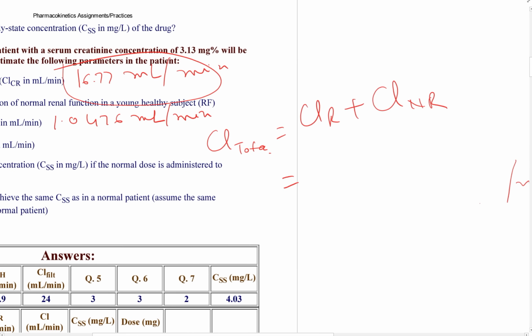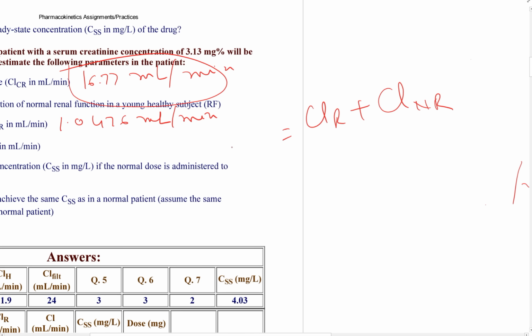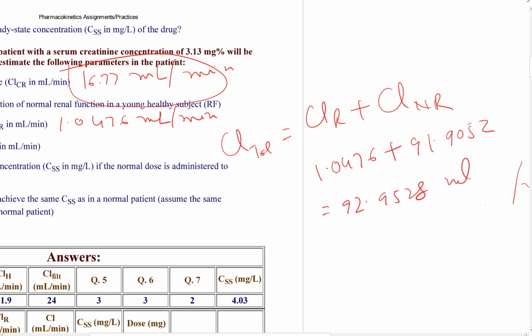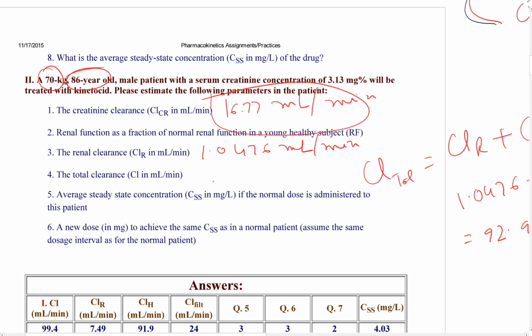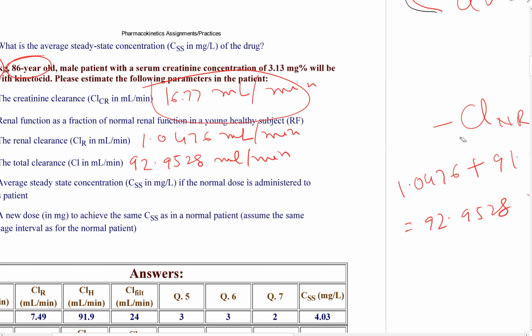CLR is the new one, 1.0476, plus 91.9052, which would be 92.9528 milliliter per minute. So our total clearance is 92.9528 milliliter per minute.